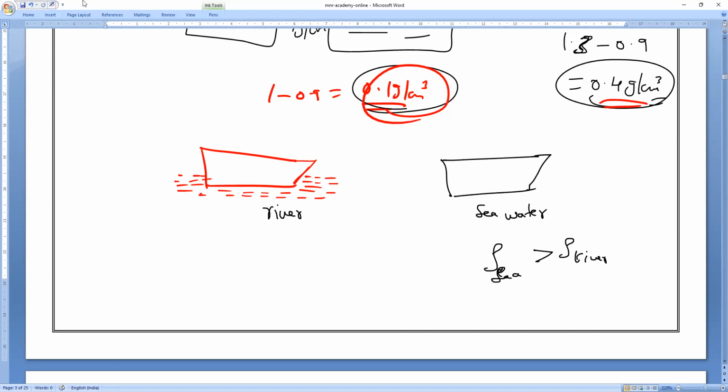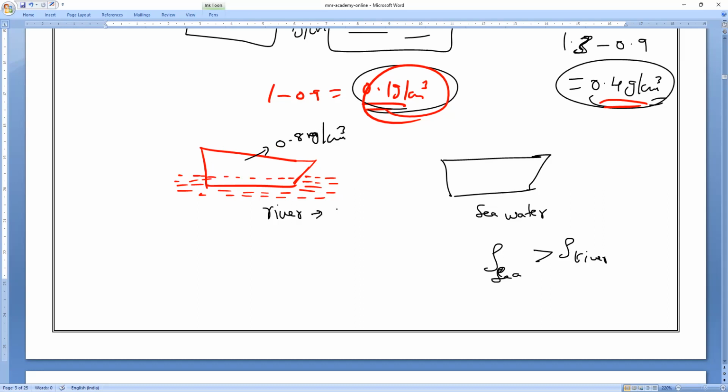So now, where is the immersed portion greater? Where will it sink more or where will it sink less? River or seawater? Let me take the boat density as 0.8 gram per cubic centimeter.